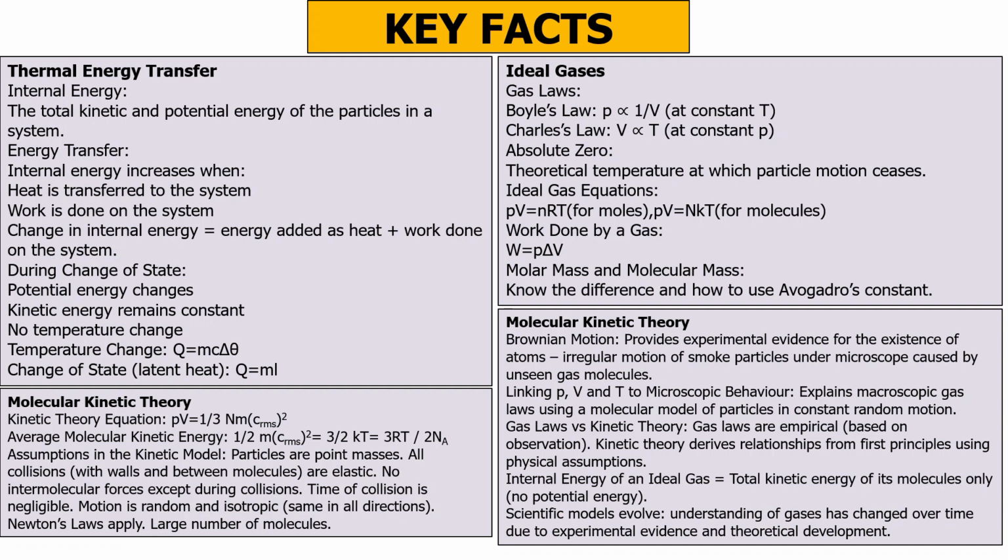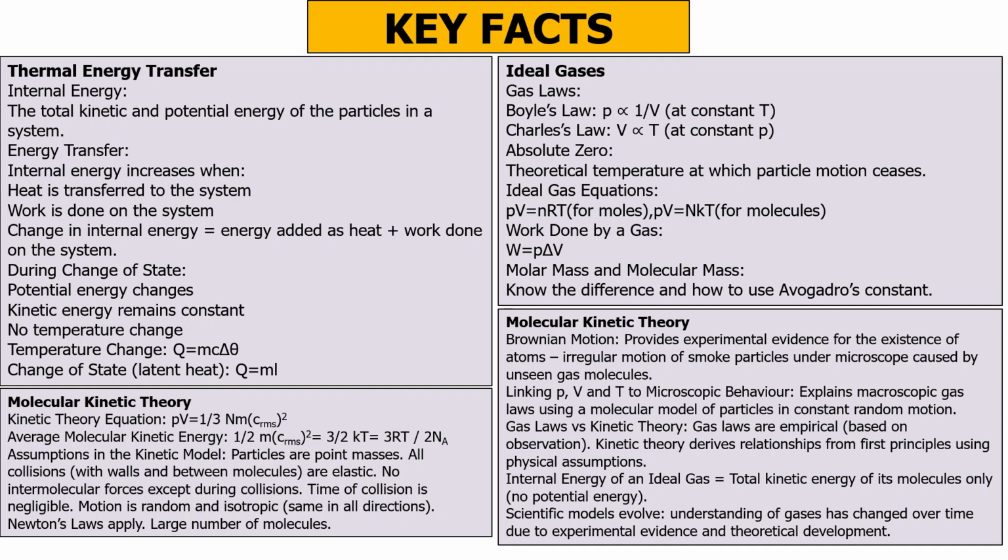The gas laws are empirical, based on observations, whilst the kinetic theory derives relationships from first principles using physical assumptions. The internal energy of an ideal gas is the total kinetic energy of its molecules only. There is no potential energy. Again, scientific models evolve, so understanding of gases has changed over time due to experimental evidence and theoretical development.